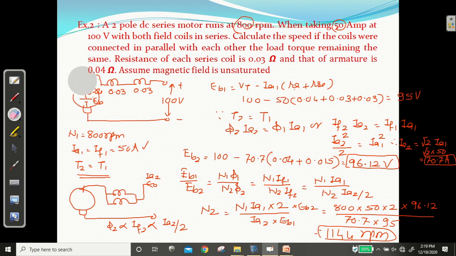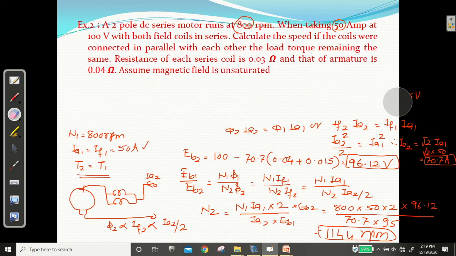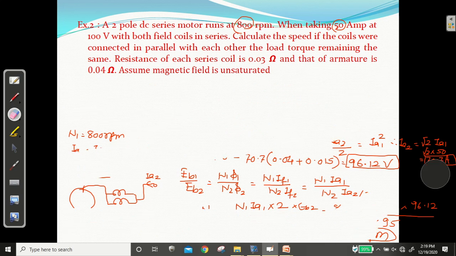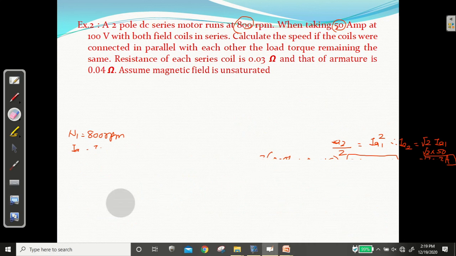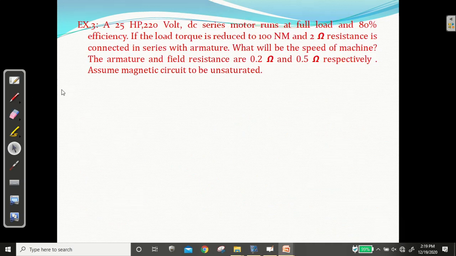So you can learn so many things from the numerical also. Numericals are there to clear your concept. I am going to discuss the last problem here. This is the third question I have given. A 25 HP, 220 volt DC series motor.